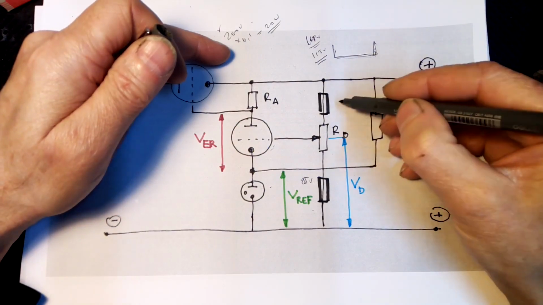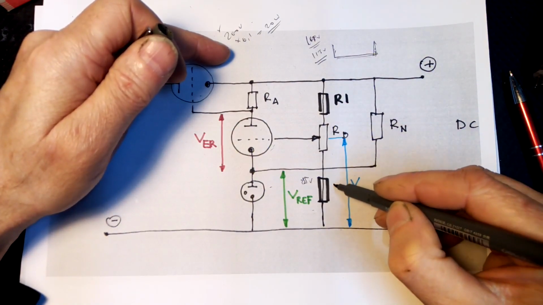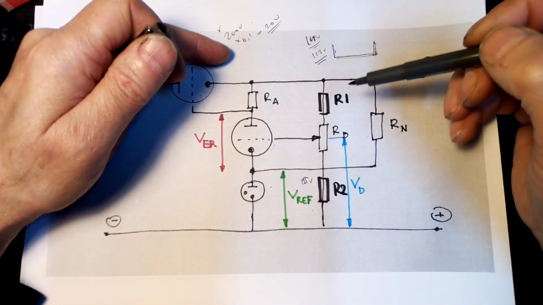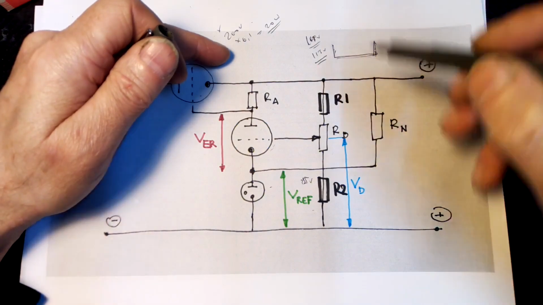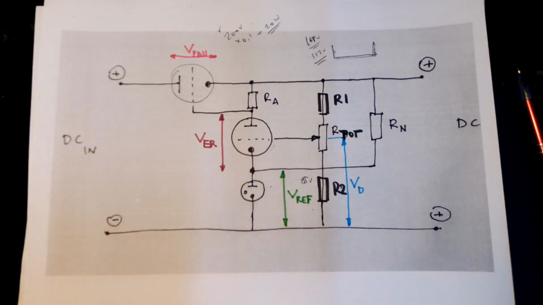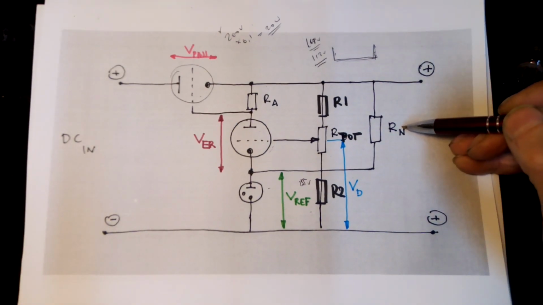So we have, let's say, R1, R2, well, let's say R2, maybe later on I will change it, and a potentiometer inside. There are a few things we have to calculate, only a few, and maybe two of them are the most important. So we start from the simplest.